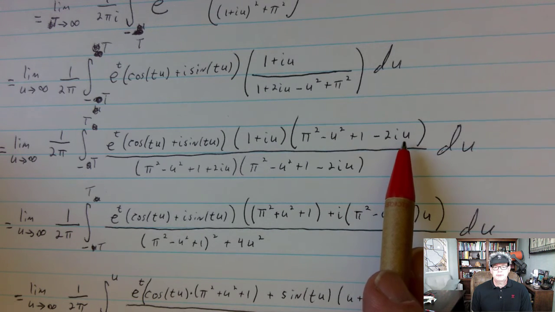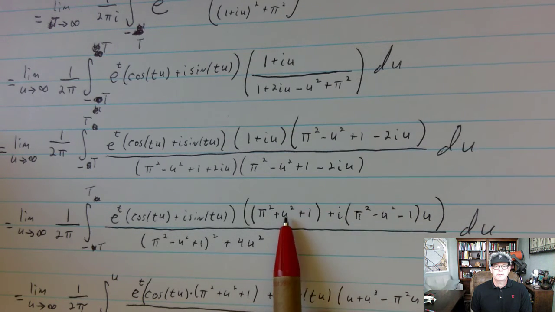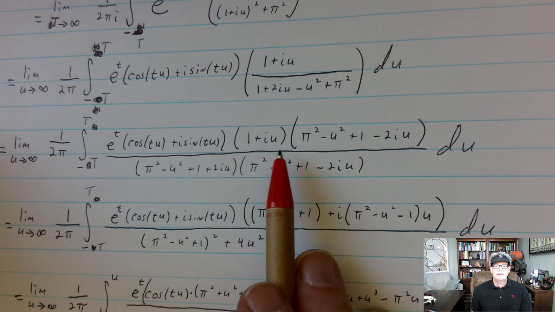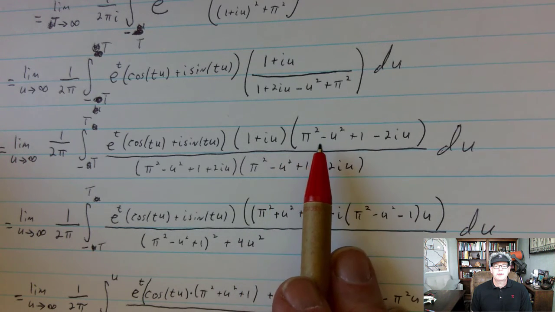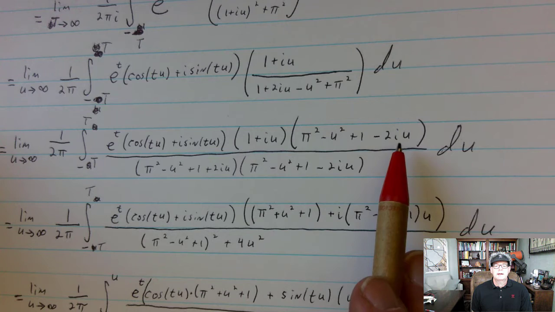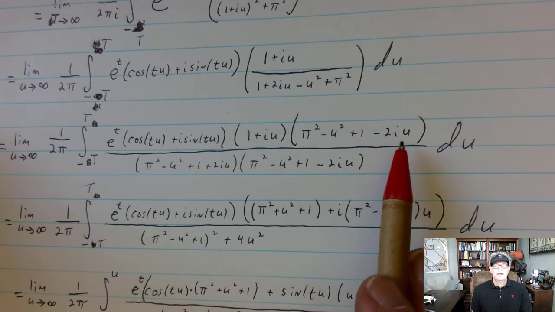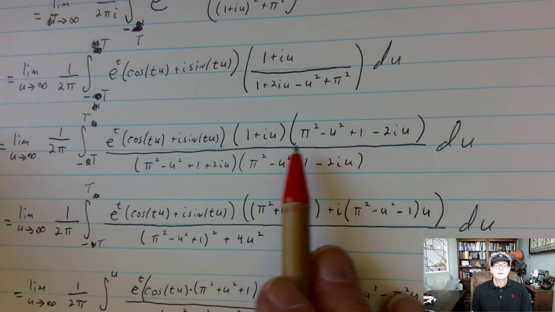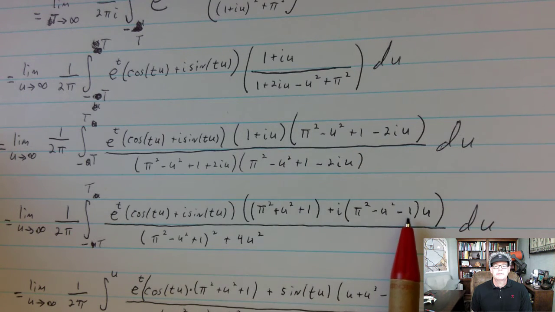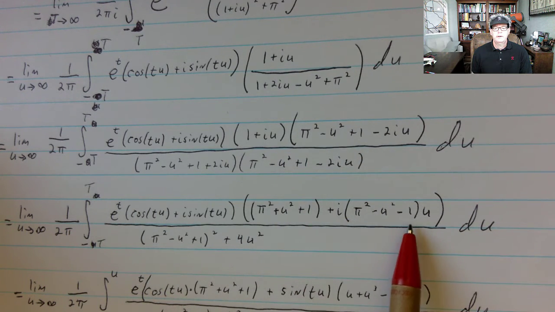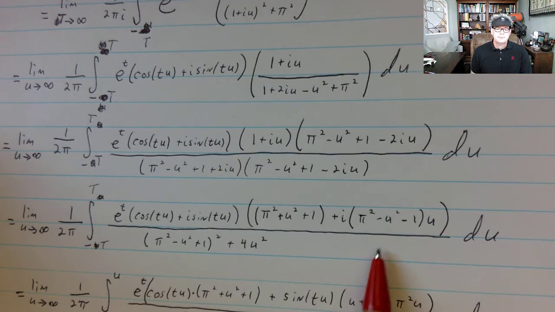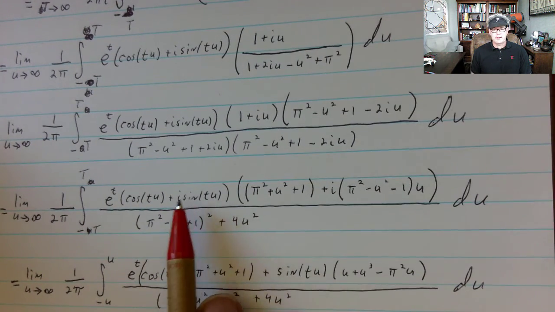So the plus 2u squared and the minus u squared now gives me a plus u squared. Then for the imaginary part, I've got minus iu times all that, and 2iu times 1. So again, minus 2iu plus iu is minus iu. Anyway, so that's right.